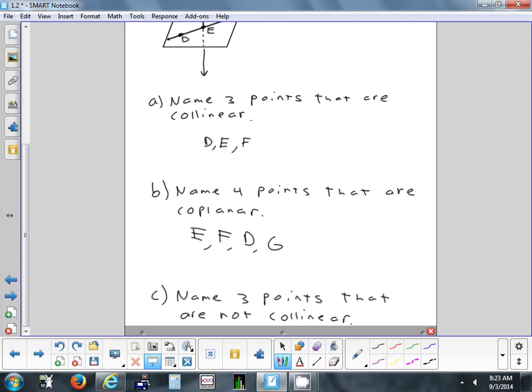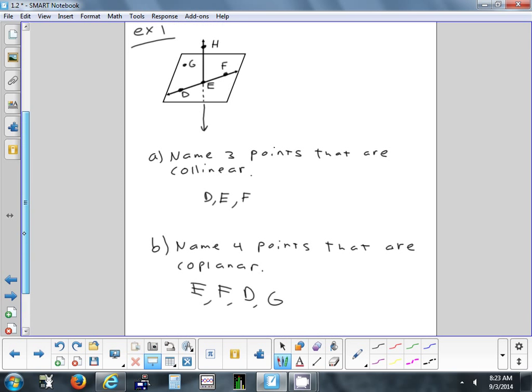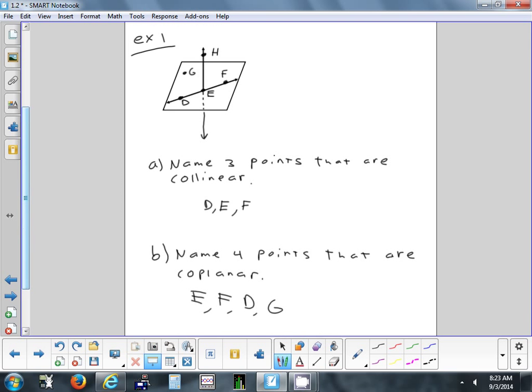Now I want to know 3 points that are not collinear. And this one, I think we have some multiple answers. I want to know 3 points that are not collinear. Yep, Dakota? D, E, H. Sure, H is up in the air.